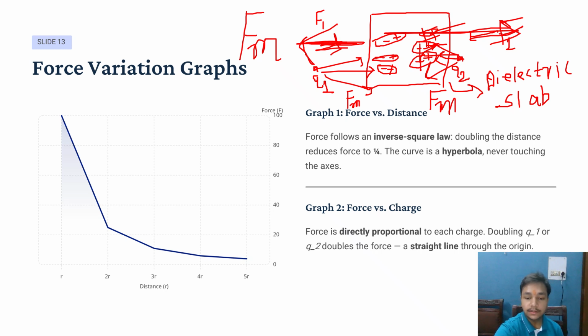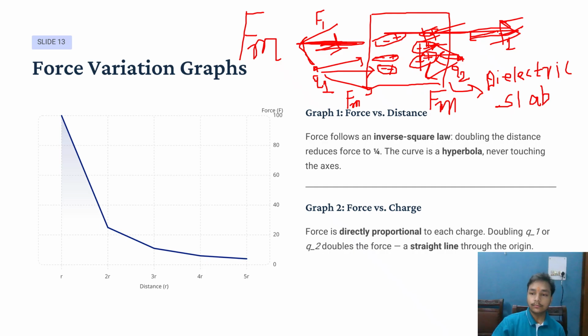Then the net force between the two charges decreases as the force by the medium on the charges acts in the opposite direction to the force F1 between these charges. So we can state that on inserting a dielectric slab between two point charges, the net interaction between the charges increases if the charges are of the opposite sign, and it decreases if the charges are of the same sign.